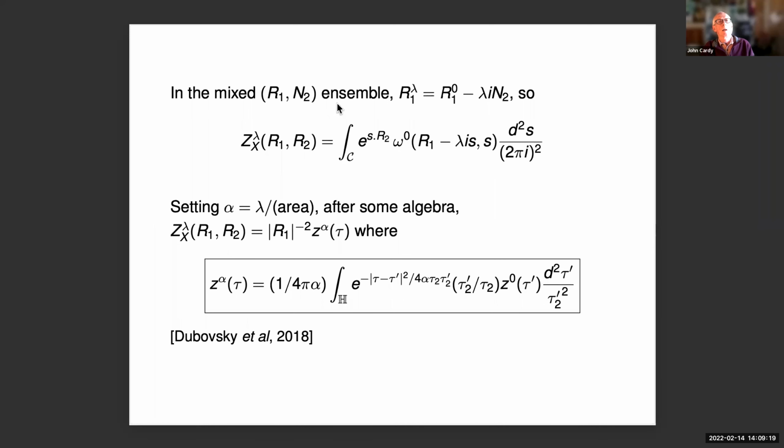Anyway, in this, it's useful to understand the TTbar deformation in the mixed ensemble, whereby R1 goes into R1 minus lambda times the force, or the stress in the orthogonal direction. Here I'm using a complex notation, which is the reason for the i here.